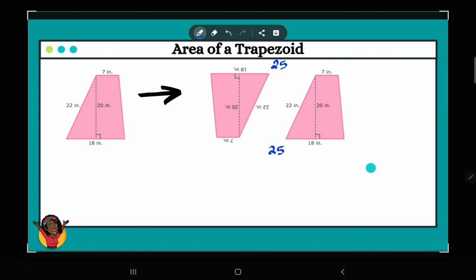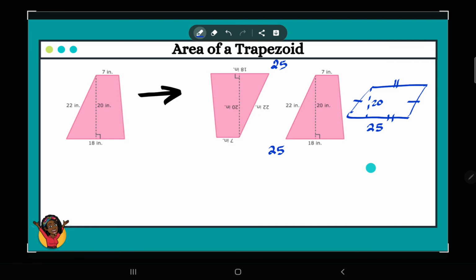Now, my height is still going to be 20. So if I constructed this as a parallelogram, I would find that I have 25 here, and then I have this internal height of 20.